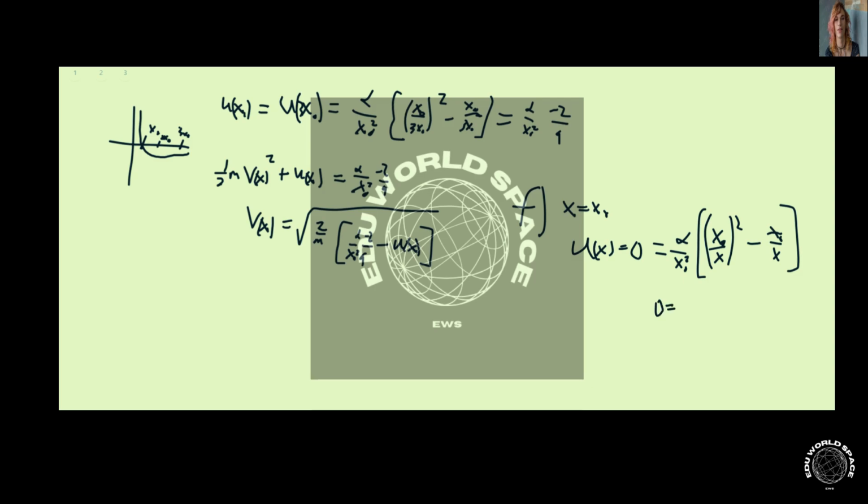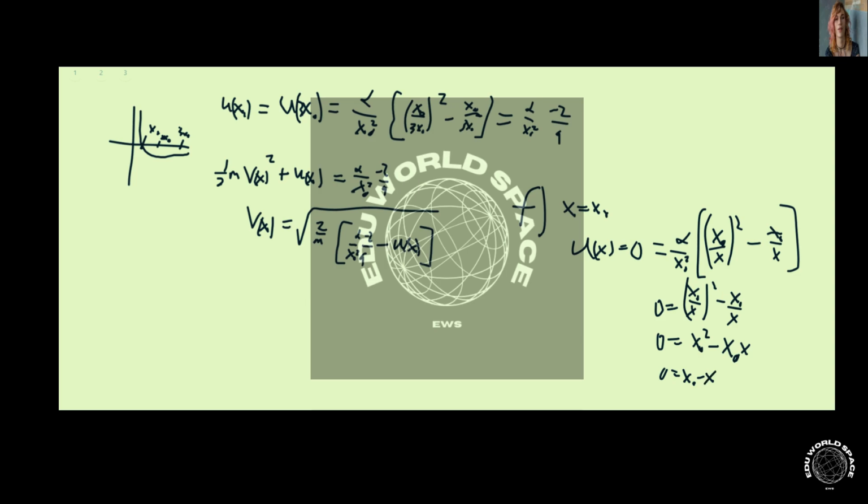So 0 is equal to x naught over x squared minus x naught over x. Is there any place where this is equal to 0 other than x naught? So multiply both sides by x squared: x naught squared minus x naught x. And then divided by x naught, you get 0 equals x naught minus x.